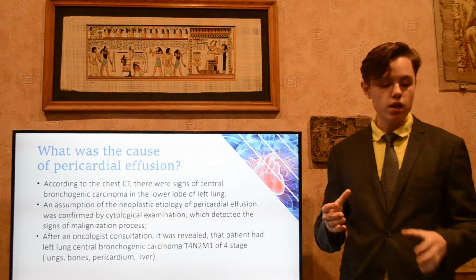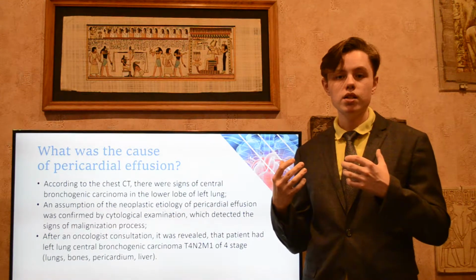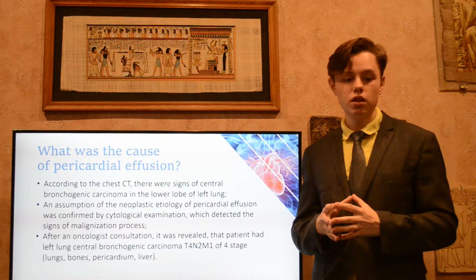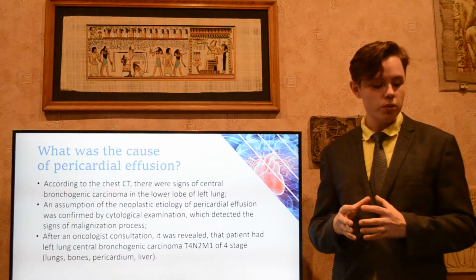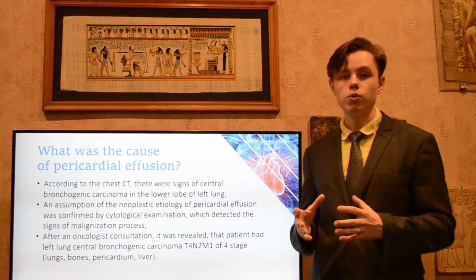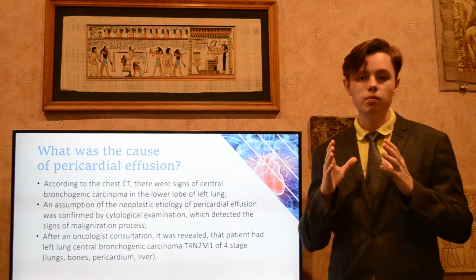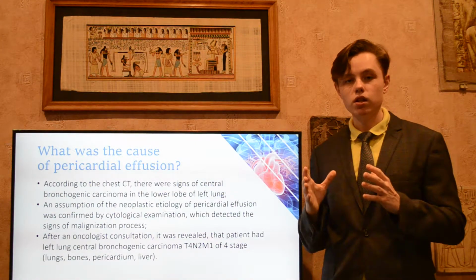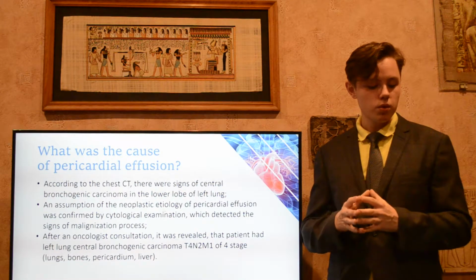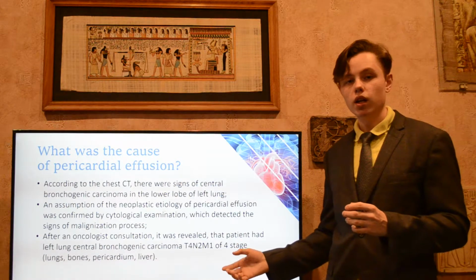This assumption later was confirmed by the cytological examination, which showed us the signs of a malignization process. After an oncologist consultation, it was revealed that the patient had a malignancy process, and the character of this bronchogenic carcinoma was T4 N2 M1. You can see it here.